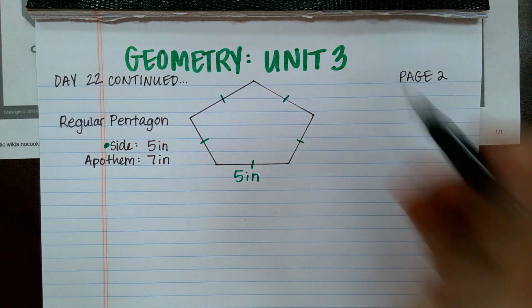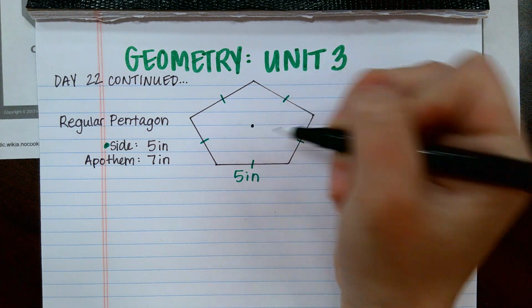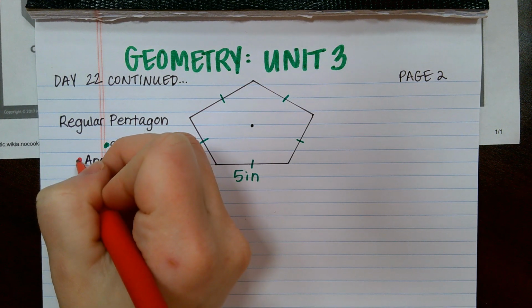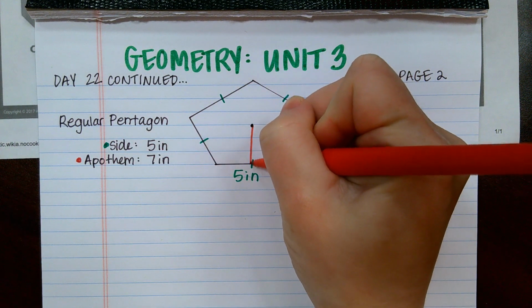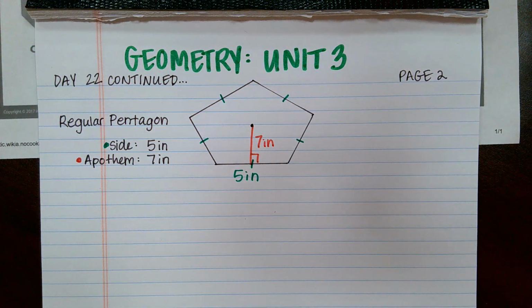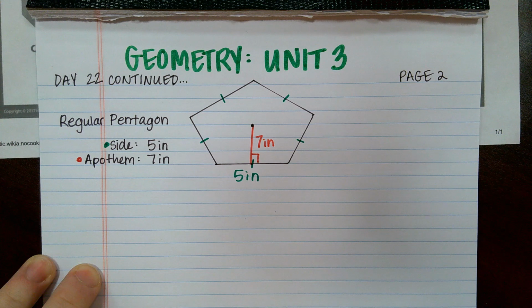And then the apothem that I gave you is going to be 7 inches. So here's the visual. If I wanted to find the area, I would need to find the perimeter first.